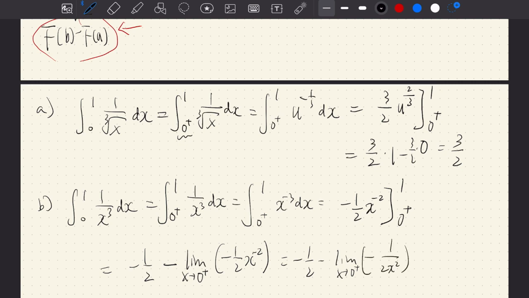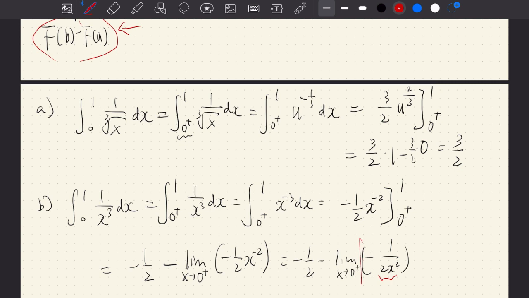When x goes to 0 from the positive side, the x squared goes to 0 from the positive side. So 2x squared also goes to 0 from the positive side. So 1 over 2x squared would go to positive infinity.